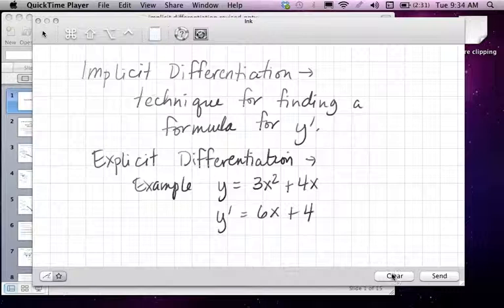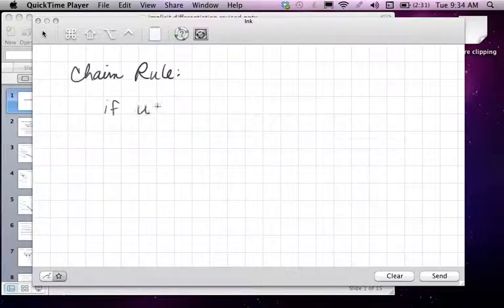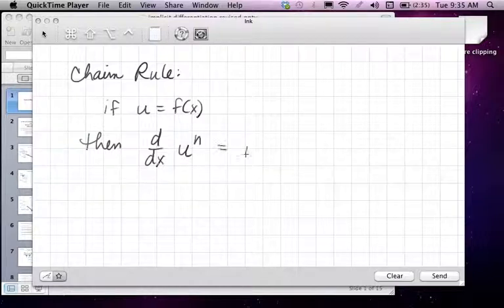Implicit, you're not going to be using exactly like this. What you're going to be doing for implicit is using the chain rule. Just as a reminder, remember in class, if u is some function of x, then finding the derivative with respect to x of things like u to the n is n u to the n minus 1, and then we needed to add on that u prime.